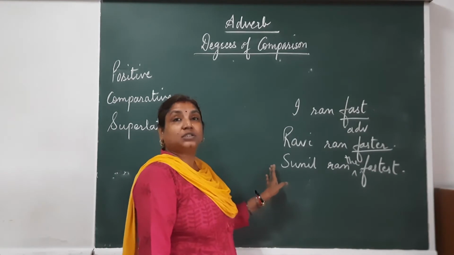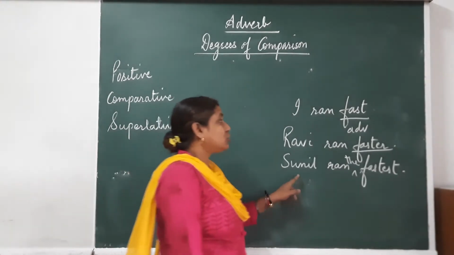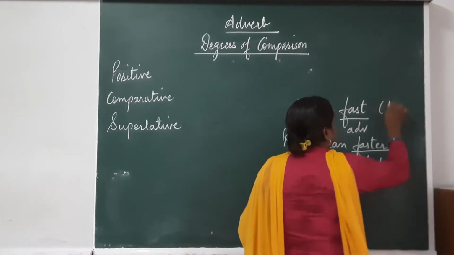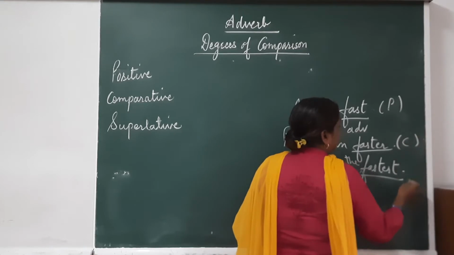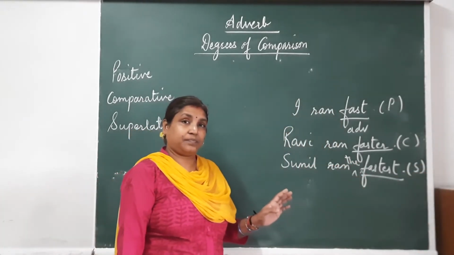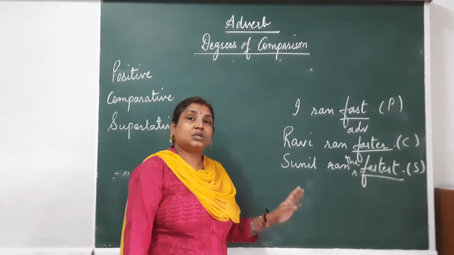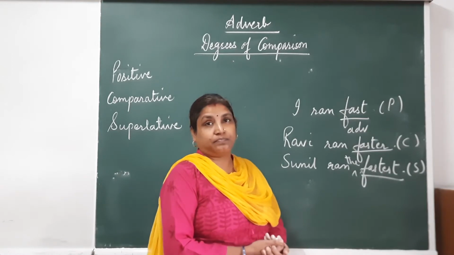But who was the fastest, who had the maximum speed, is Sunil. So fast is your positive degree, faster is your comparative degree, and fastest is your superlative degree. So this is how we write the 3 degrees of comparison.